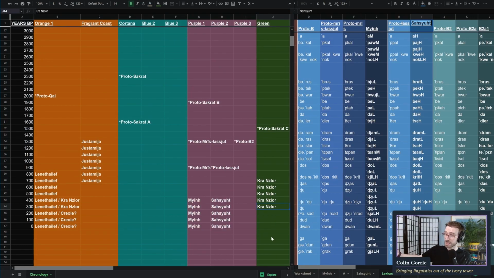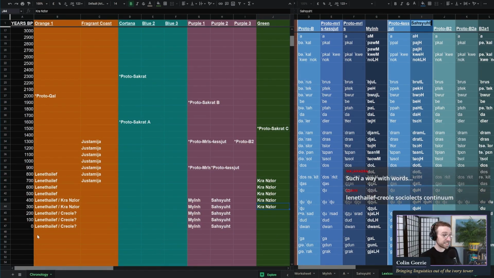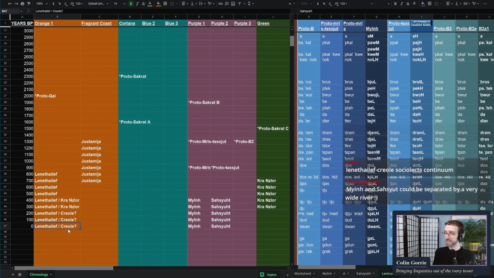Let's say it doesn't continue to the present in that form. It may need some further development, but we at least have Lenadilef, Me, Sasiut, and this Creole as languages that are all spoken contemporaneously at this sort of year zero present.